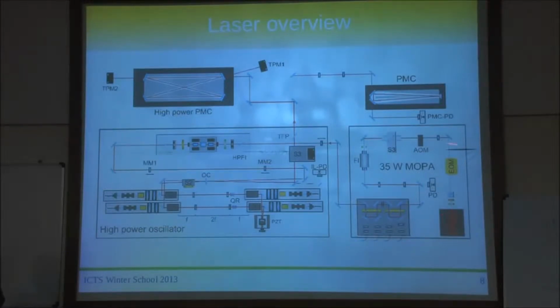And that's actually what this MOPA, the master oscillator power amplifier, does. So this is a master oscillator, and then the light is directed through various components here, through this box. And that's a power amplifier, so it's directed through some crystals, which are pumped from this side.